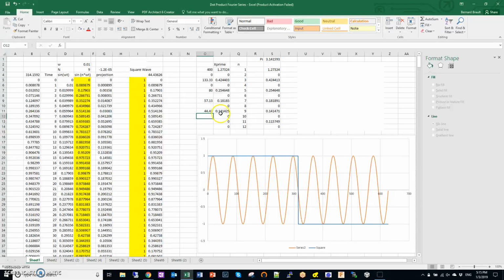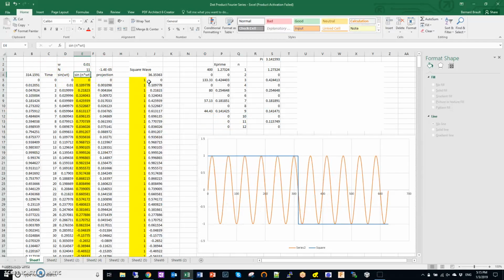And I get 0.1414. Look at that, 0.1414. Let's do it for 11, one last one. What do I get? 36. I'm going to put the 36 right here, 36.35. And what do I get? 0.115, 0.1157. See this number? That's the calculated number here by the projection, and this is the theoretical value.